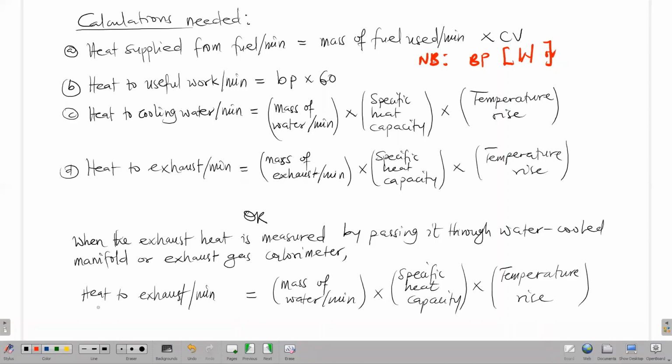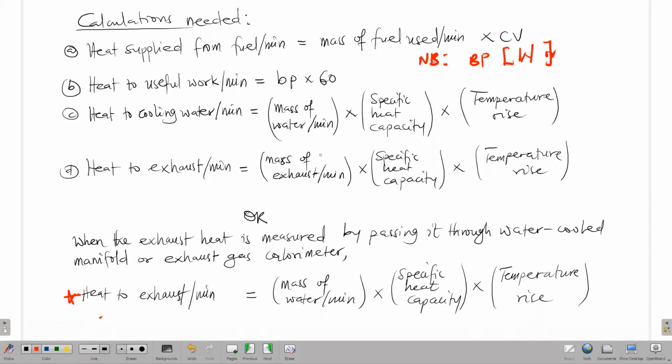Alternatively, when the exhaust heat is measured by passing it through a water-cooled manifold or exhaust gas calorimeter, we can calculate the heat to exhaust per minute as the mass of water per minute times the specific heat capacity times the temperature rise.